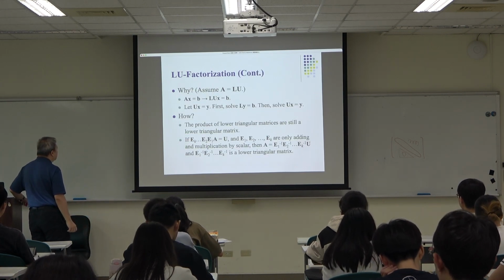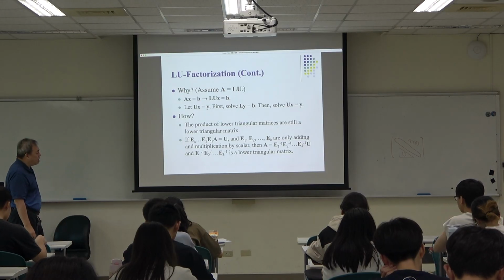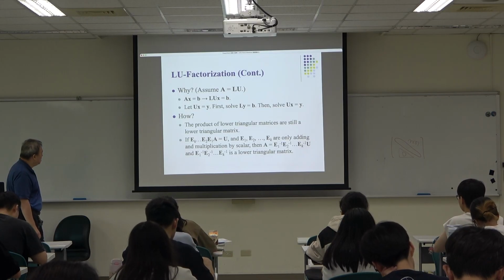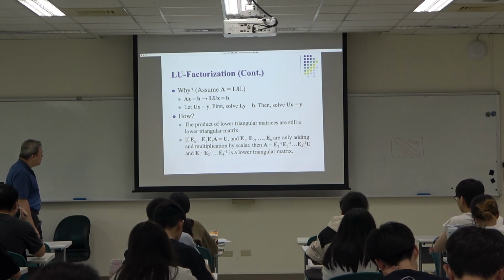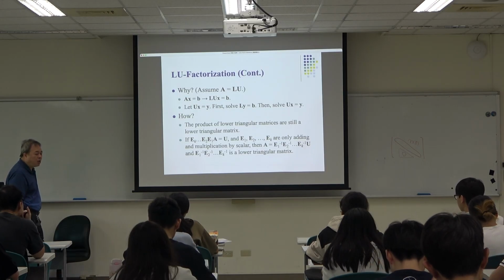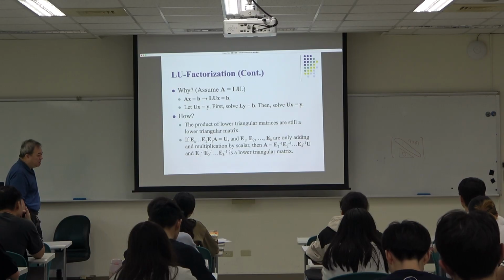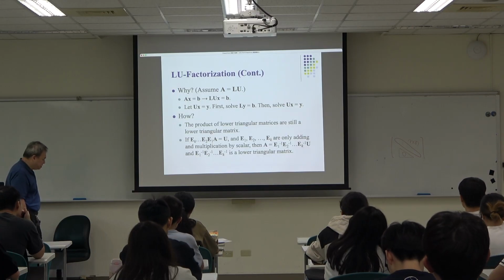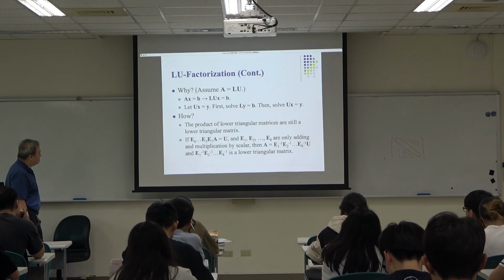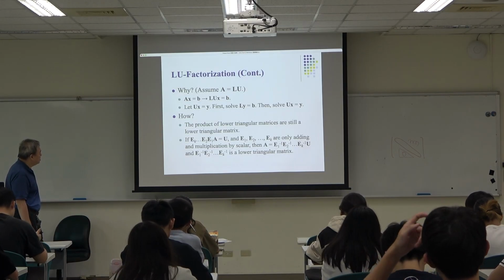But before we go on to talk about how we obtain the LU factorization of a matrix, let's try to motivate this a little bit. Why do we want to factorize the matrix as a product of a lower triangular matrix and an upper triangular matrix?